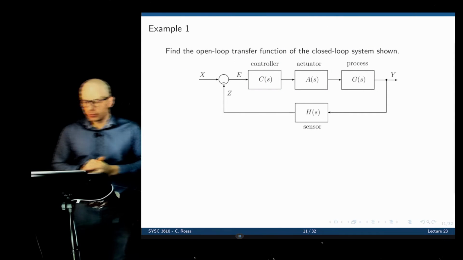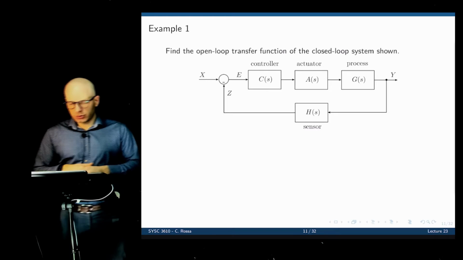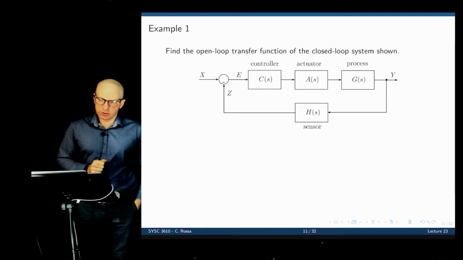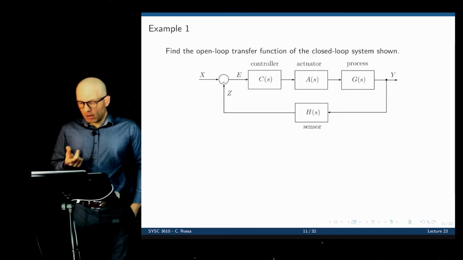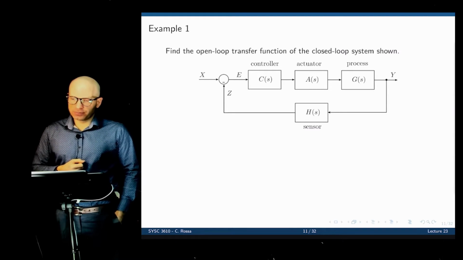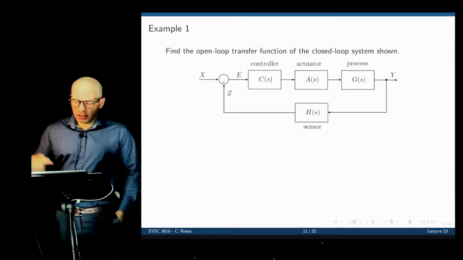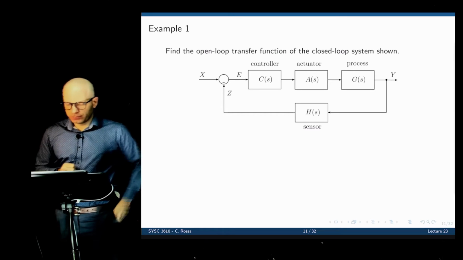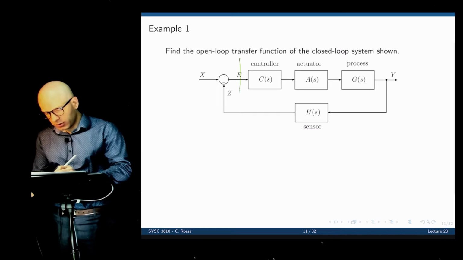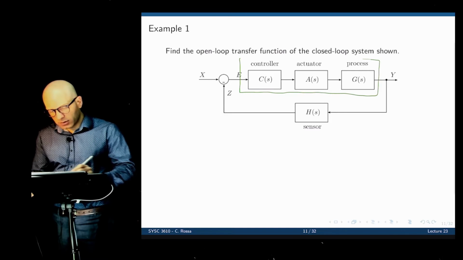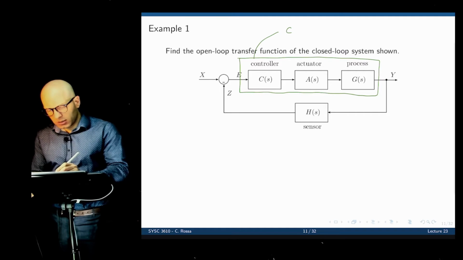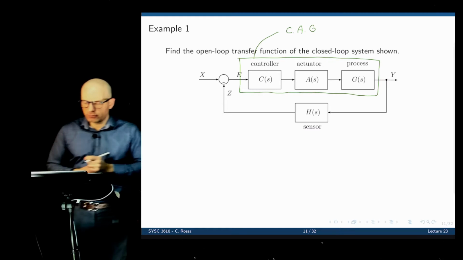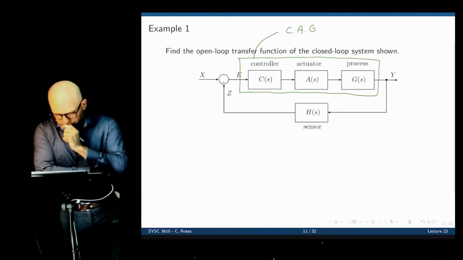No? All right. So what is the transfer function, the closed loop transfer function of this block diagram? This one is simple. It only has a line function and it has a feedback function. So this entire line function here can be simplified because it's always in cascade here in series. We can simplify this to C times A times G. I'm going to omit the S just to make things easy.